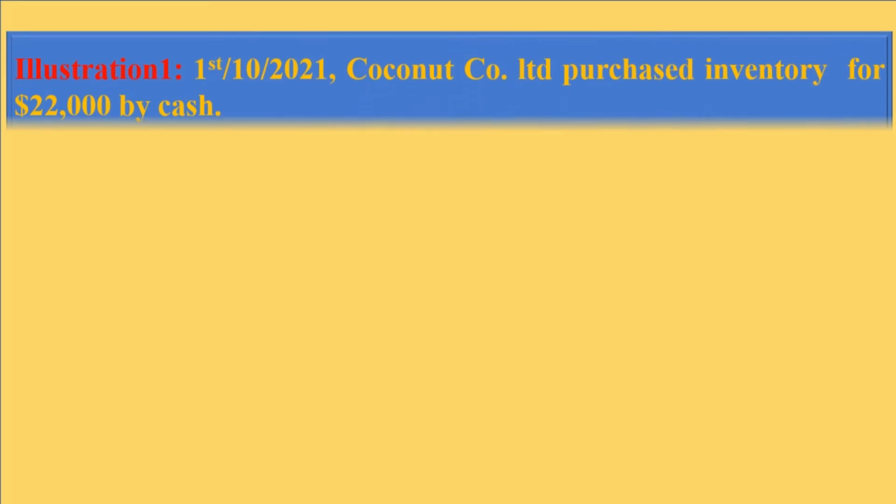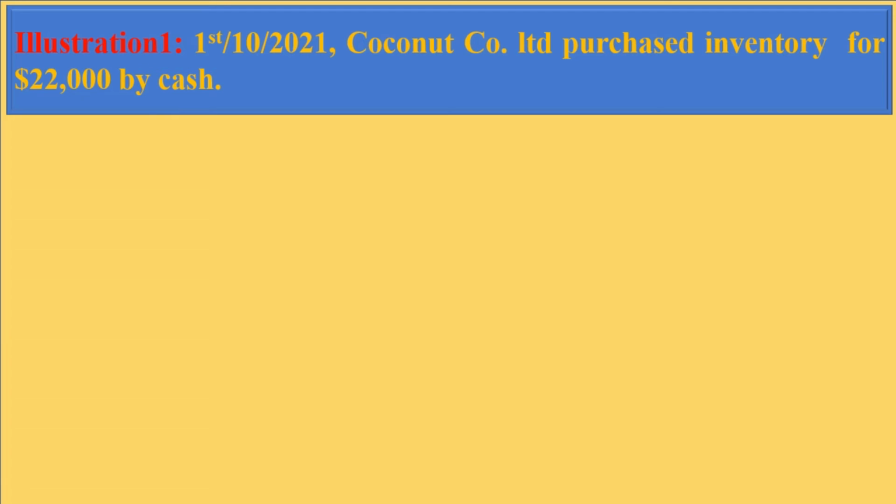Now, the following examples are illustrations that will help us understand how these transactions are recorded in their respective ledger accounts. I've taken two cases, illustration 1 and illustration 2, to cover both the trading expense nature of accounts and the operating expense kind of account. On 1st October 2021, Coconut Company Limited purchased inventory for $22,000 US by cash.